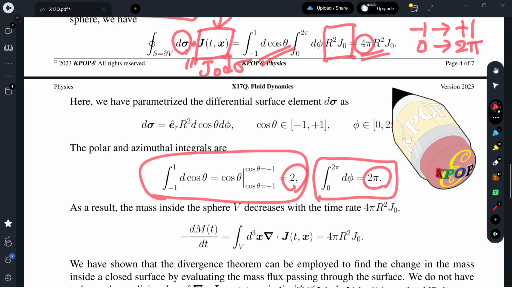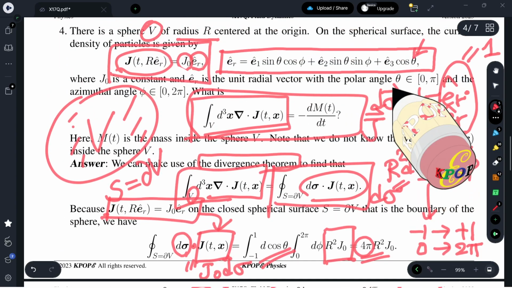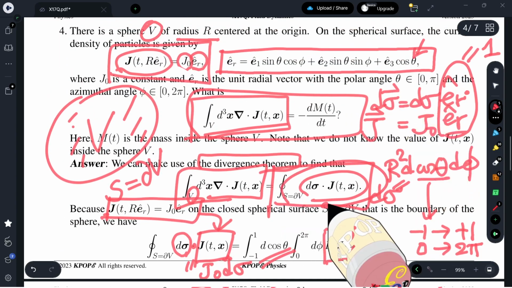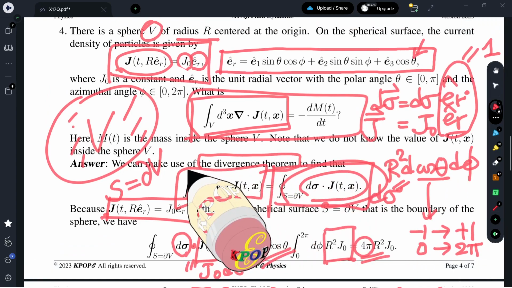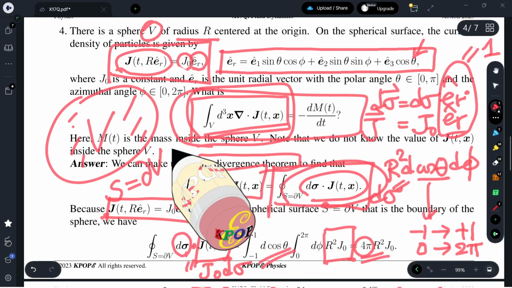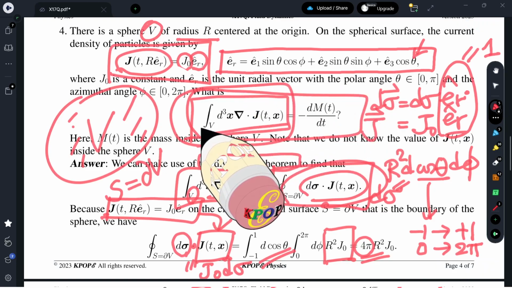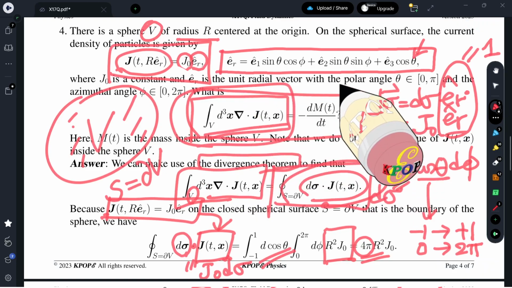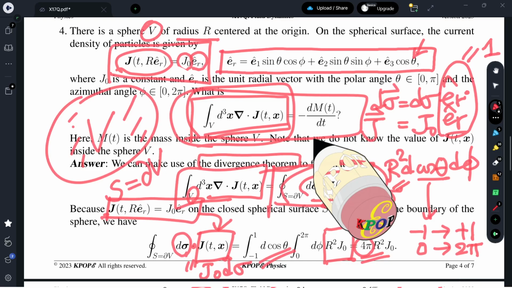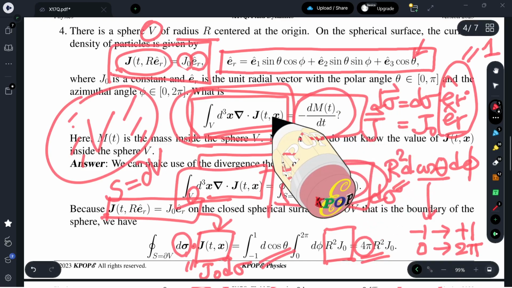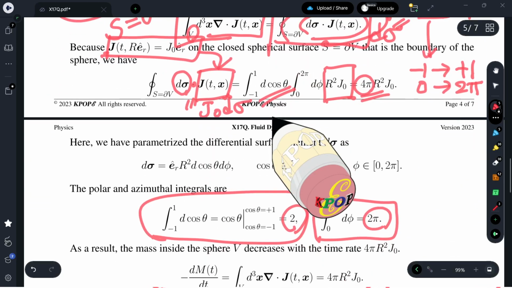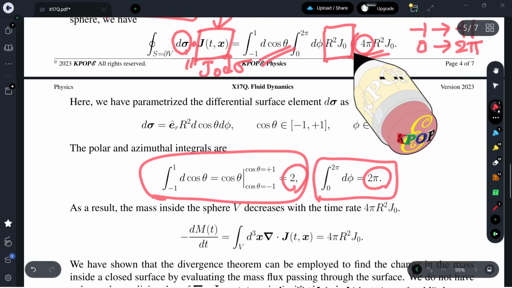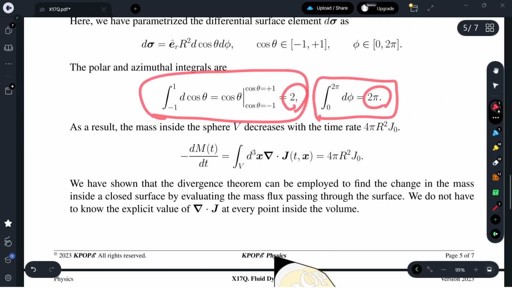As a result, according to the divergence theorem, this is the left-hand side of this identity. This identity is the continuity equation, so we can determine this. The value is 4 pi r squared J0.